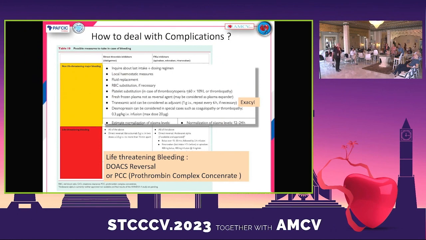Now, how to deal with complications? I think that Rafik talked about this, but in life-threatening bleeding, DOAC reversal is the key point of the treatment. And in Tunisia, we have only PCC, prothrombin complex concentrate, to treat the patient.